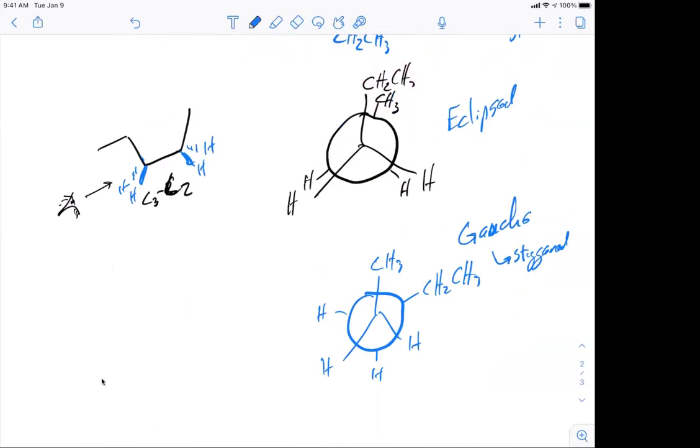So if we look at the rotation energy wise of these, you would go from eclipsed up to staggered, anti, to eclipsed, to gauche, to high energy, to gauche, to eclipsed, to anti.